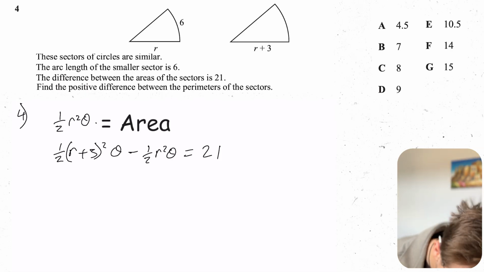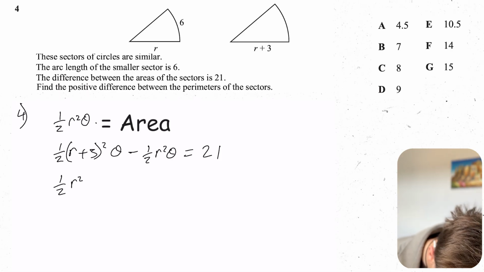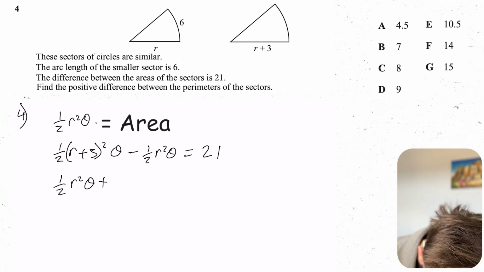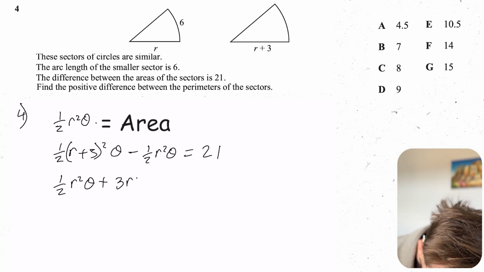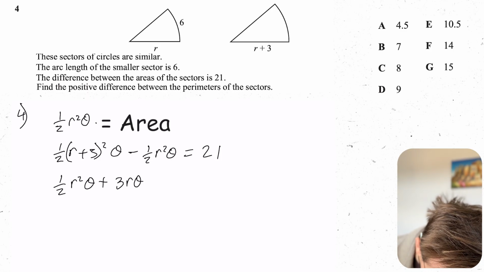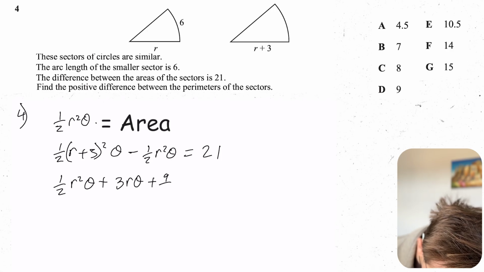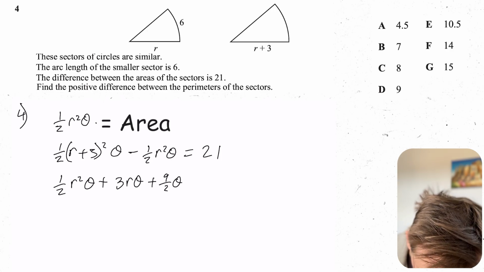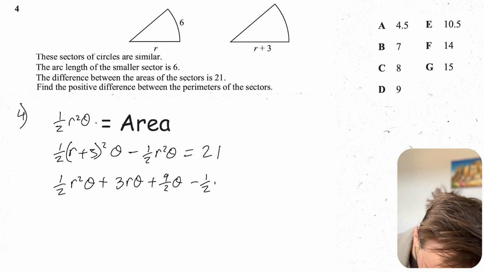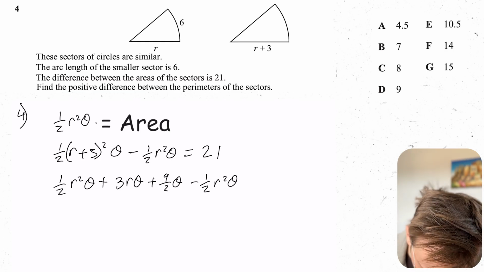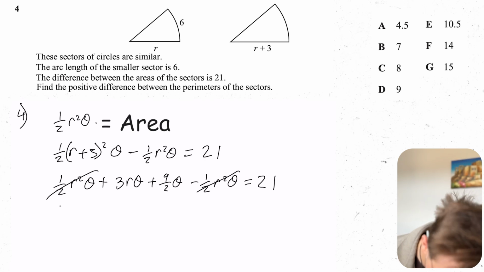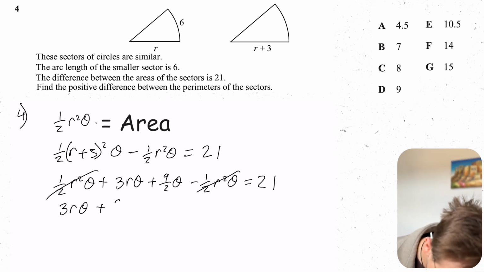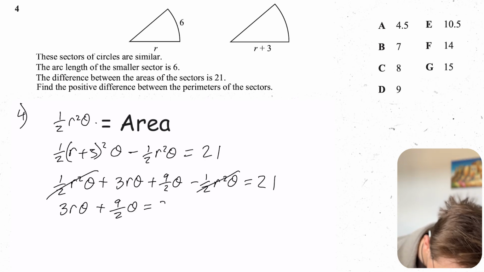Expanding that, a half r squared theta plus 6 divided by 2 is 3r theta plus 9 over 2 theta minus a half r squared theta must be equal to 21. They cancel. I'm left with 3r theta plus 9 over 2 theta equals 21.